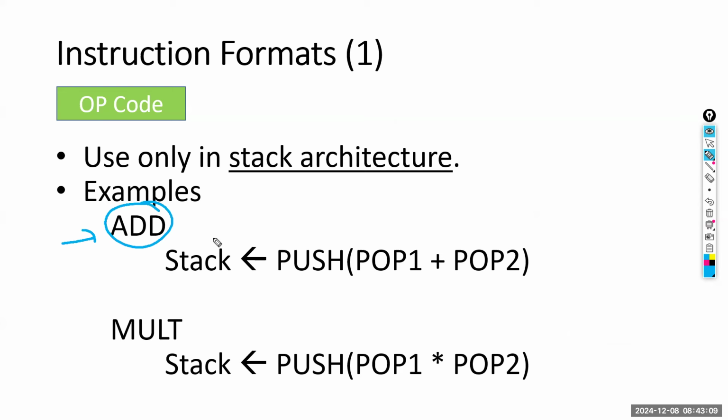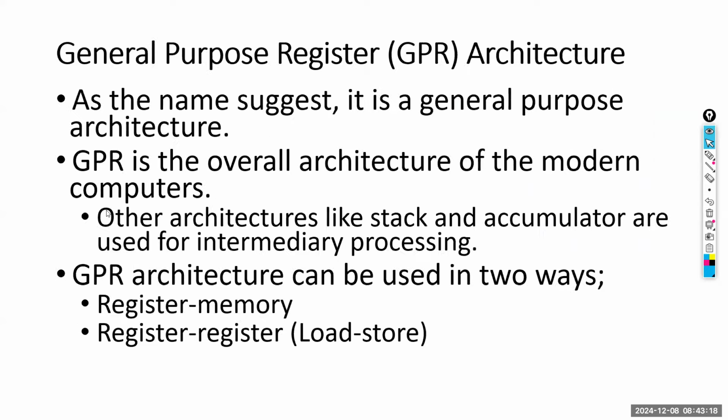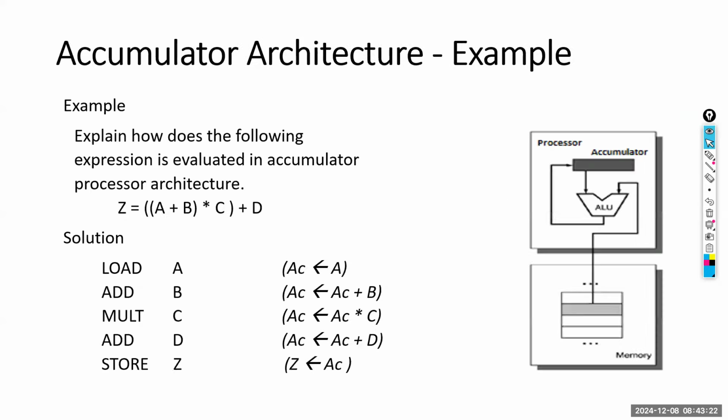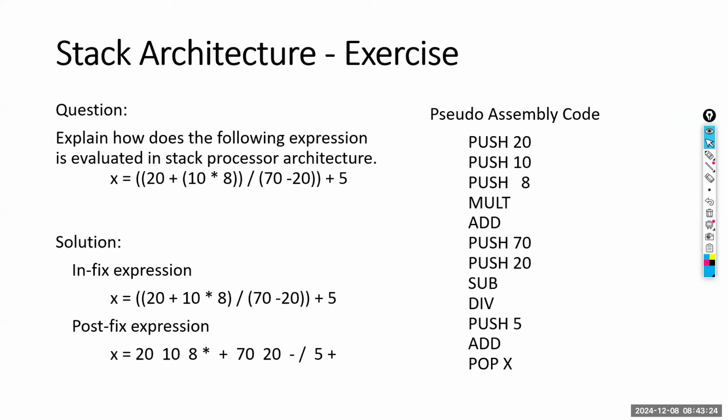But you don't need to say all those things. You just say add. That is why in stack architecture assembly code you show that kind of code. You can say just mult, just add, just sub.